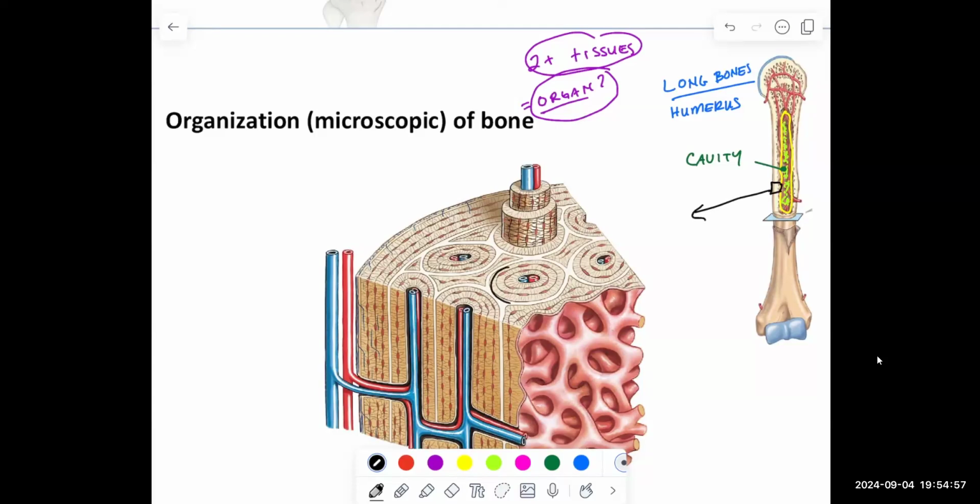Here, you have one osteon. That is an osteon. That is the bone unit. We have to understand how that's arranged. We should know this for lab.